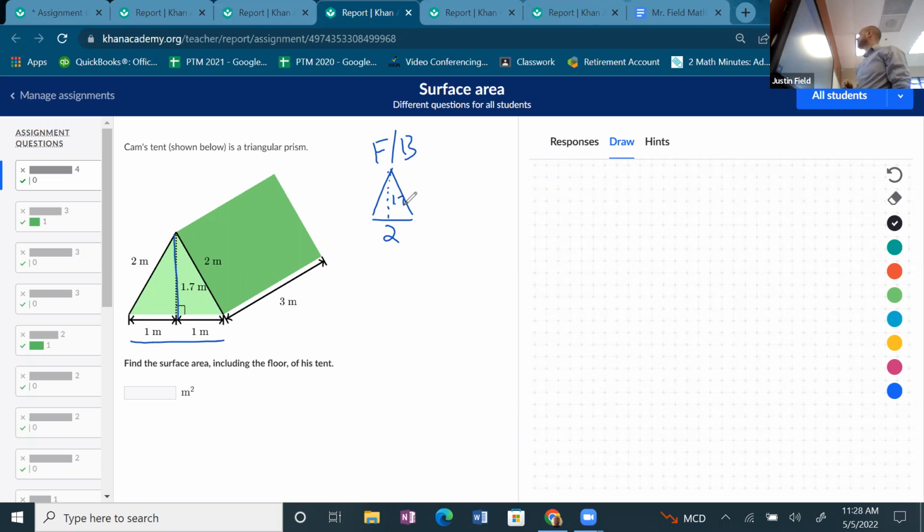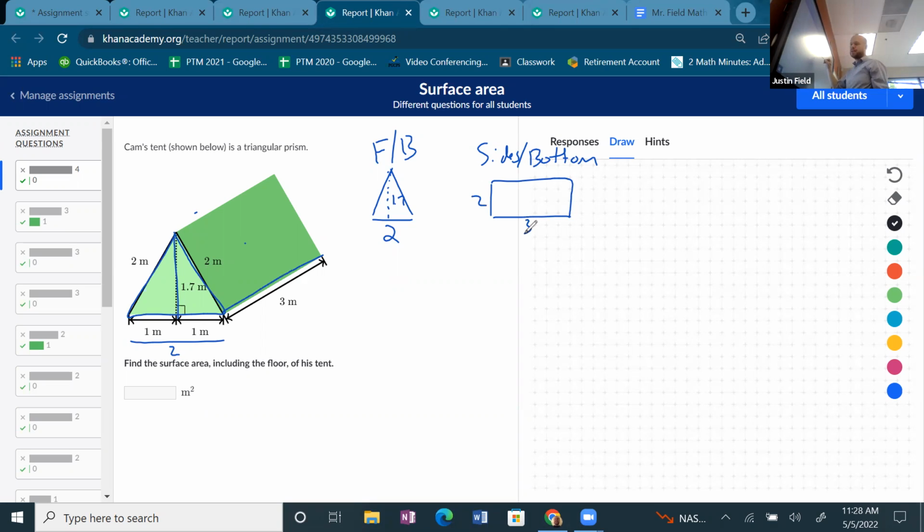And then we have the sides. Sides and the bottom are all the same shape, aren't they? This is an equilateral triangle, so all sides are 2. And then the other dimension of the rectangle base is 3. So sides are all a rectangle, a 2 by 3.